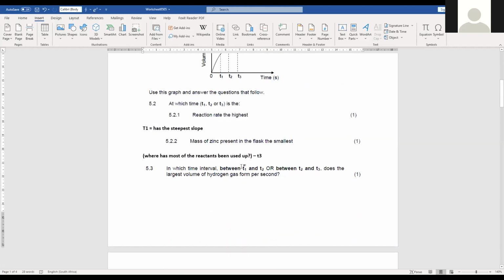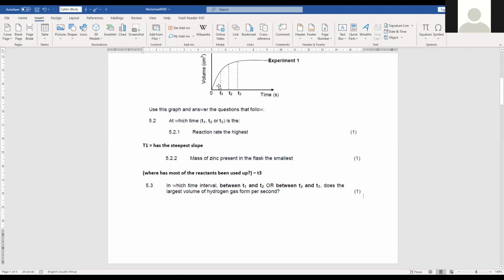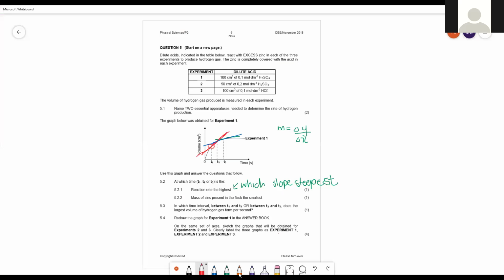Okay. Then for 5.3, it says in which time interval between T1 and T2 or T2 and T3 does the largest volume of gas form per second? So once again, if we think about it using your slope, they're now asking us, is it between this and this point?